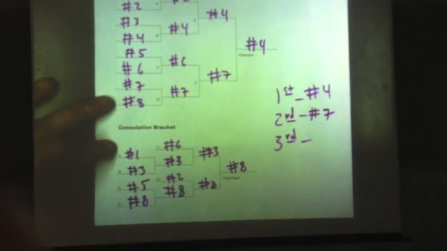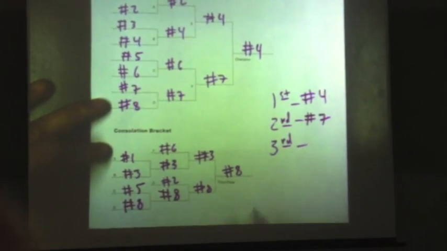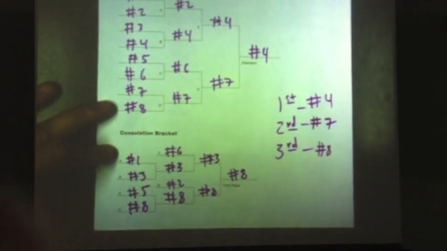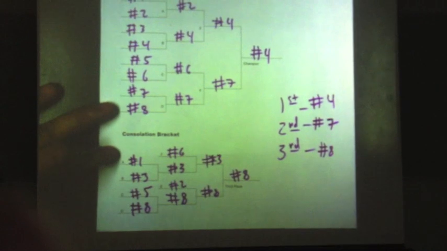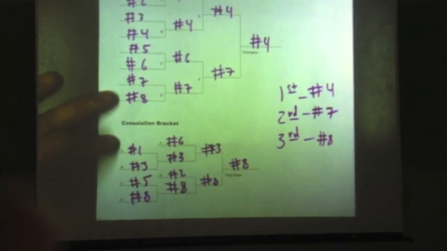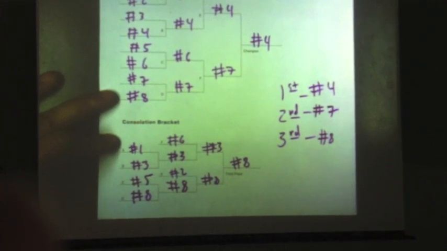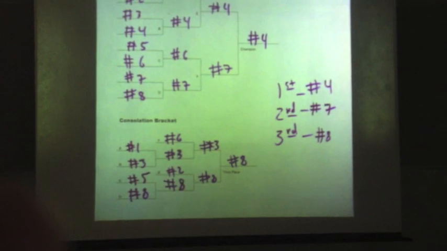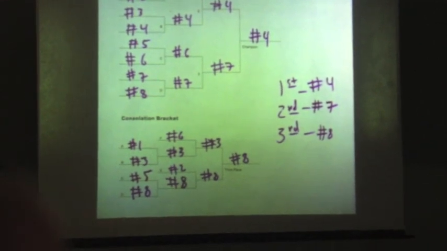And third place is going to be the winner of the consolation bracket. That's number 8. And like we said before, if you want to take it to a 4th place, you can see number 3 would be the 4th place winner, and those are all the place winners. So that is the 8-man double elimination bracket done in bracketology.